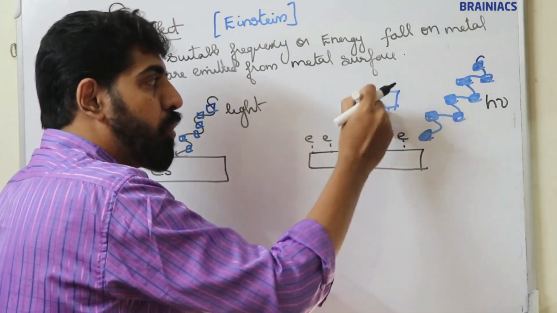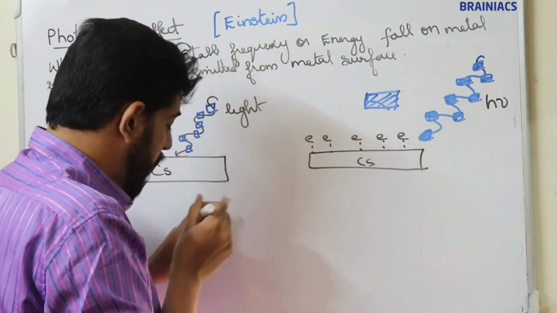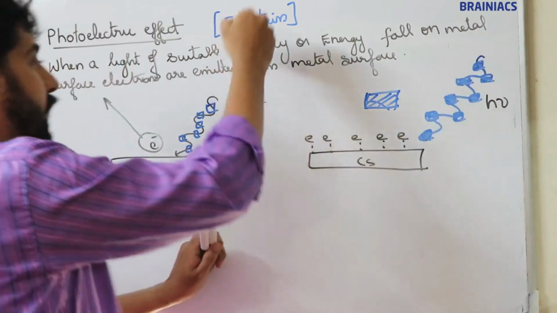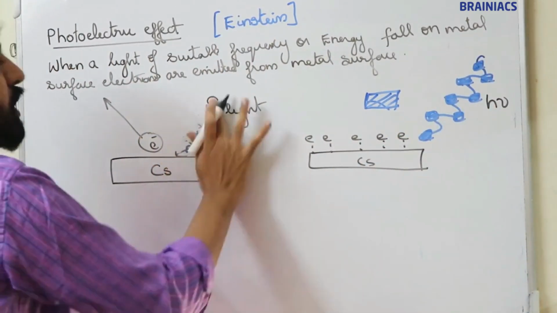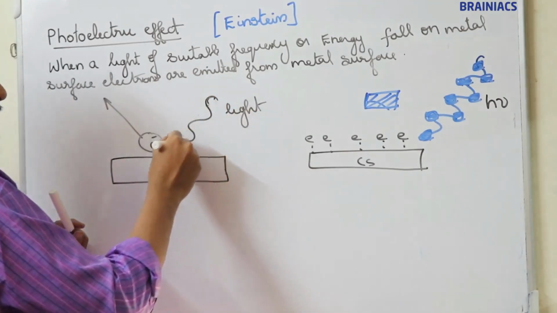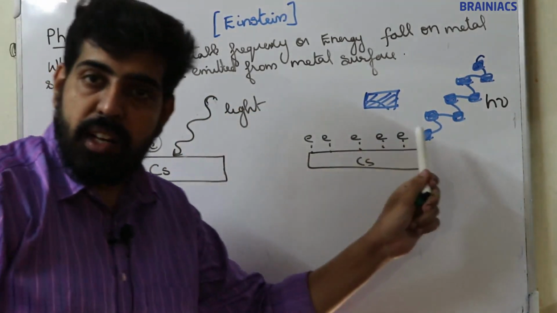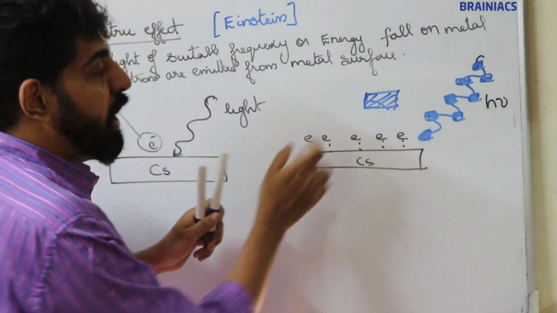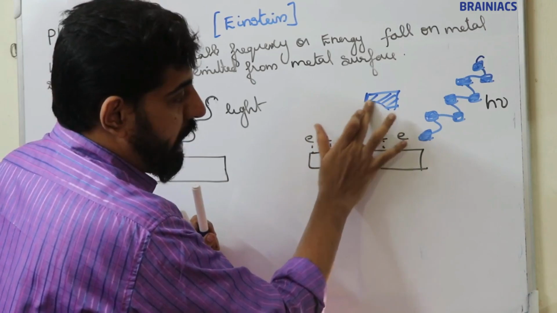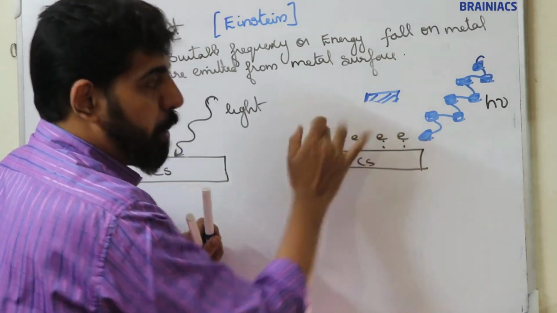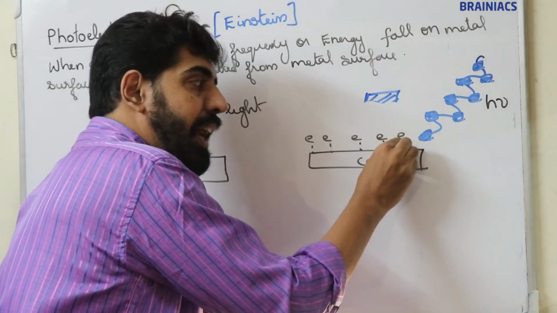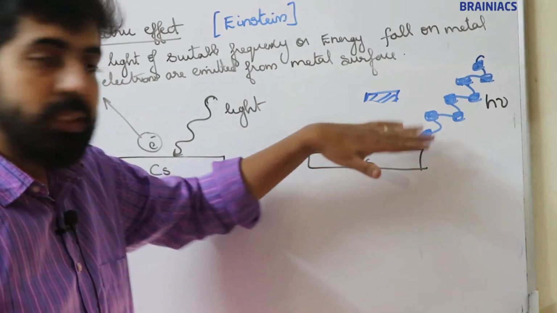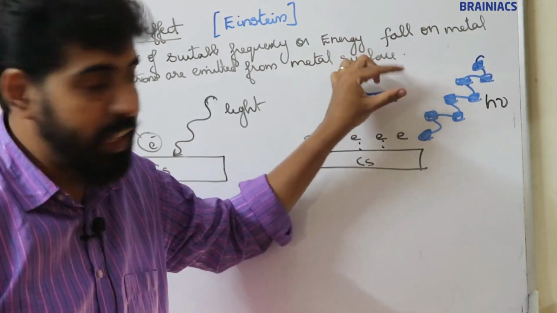When the photon strikes on an electron on the metal surface, by using some amount of energy from the packet, the attraction is broken.